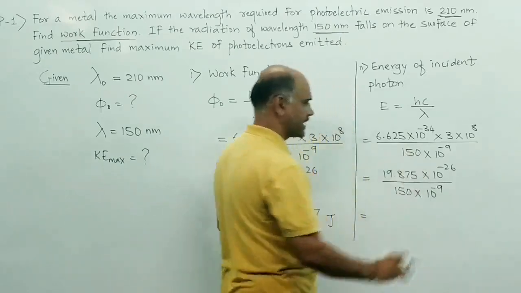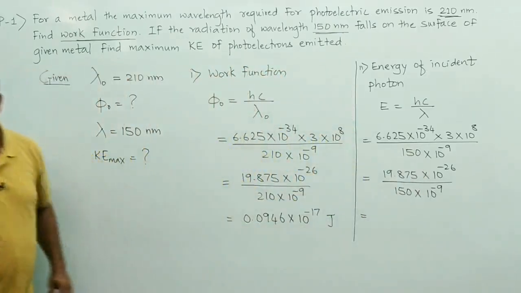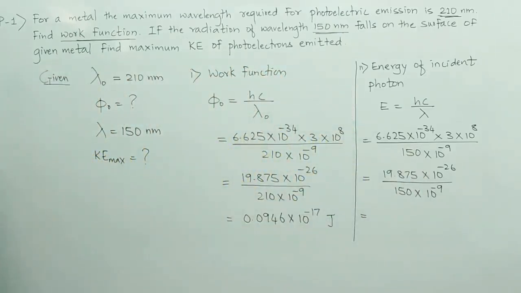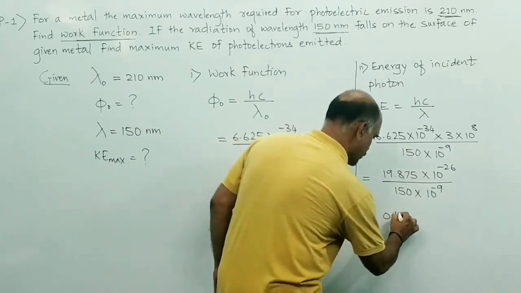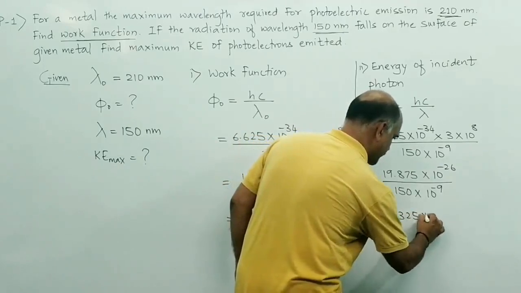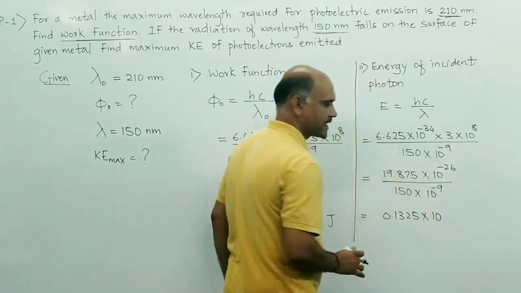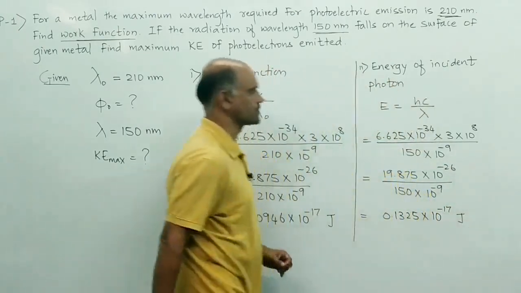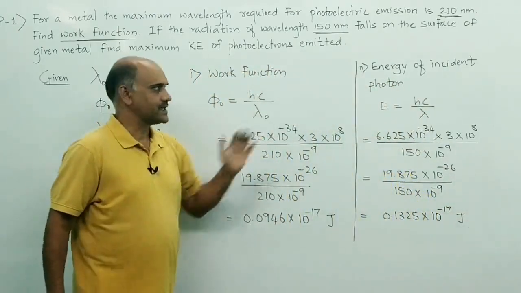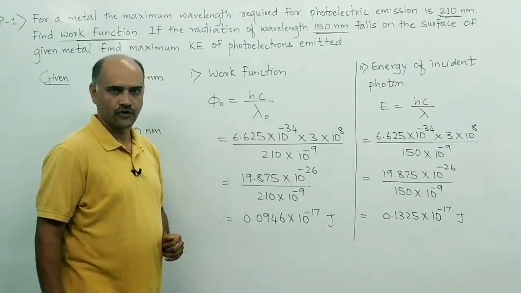Again you divide this using calculator, 19.875 divided by 150. You will have 0.1325 into 10 raised to, if you take again 9 to the numerator, you will have minus 17 joules. So this is energy of incident photon.